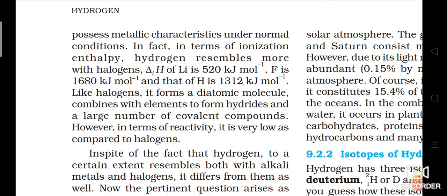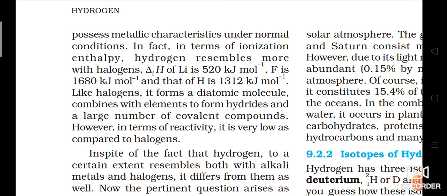The question may be: does hydrogen have ionization enthalpy close to fluorine or lithium? Then your answer should be fluorine. This is an important statement, highlight it.